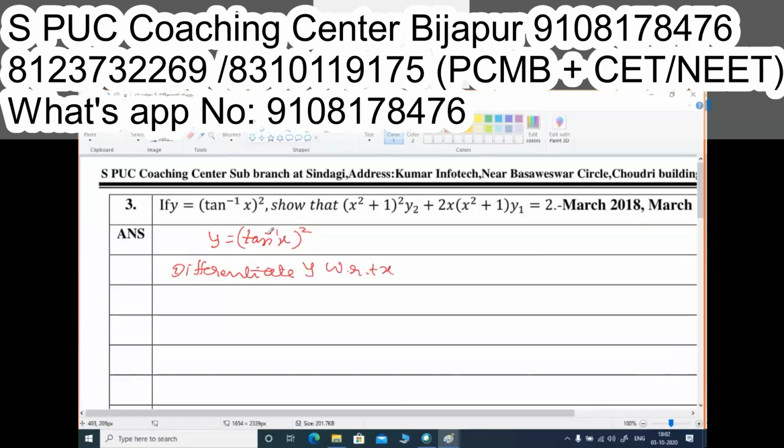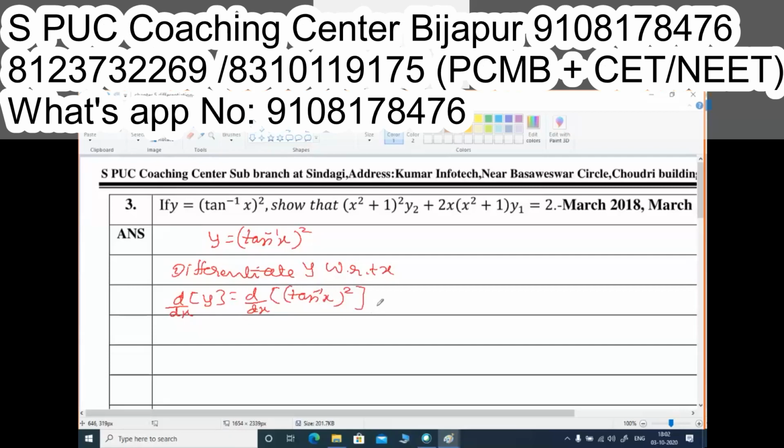In some books they may take the log and thereafter solve that. That also will be okay, no problem. I am going to make use of the power rule form, then there is no need to worry about that. So differentiate with respect to x, d by dx of y, which is equal to d by dx of tan inverse x bracket square.